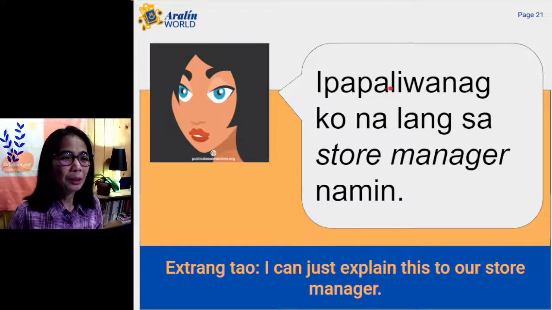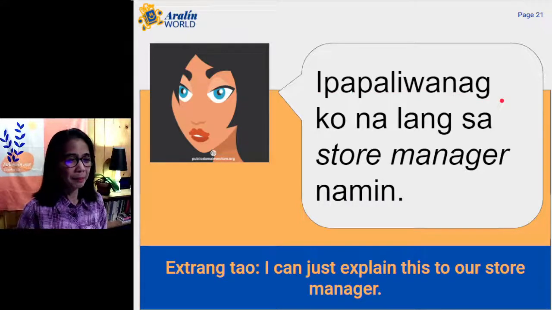The root word is liwanag, and paliwanag is explanation. To turn the word explanation into a verb, you use the i prefix, and for the future tense, repeat the first syllable of the root word, so you get ipapaliwanag.